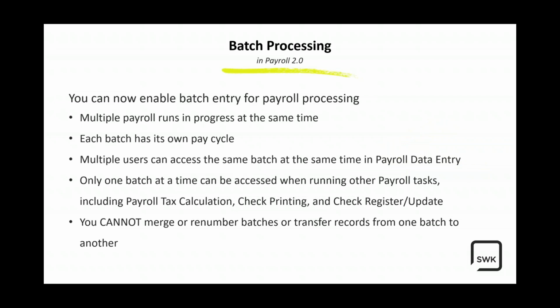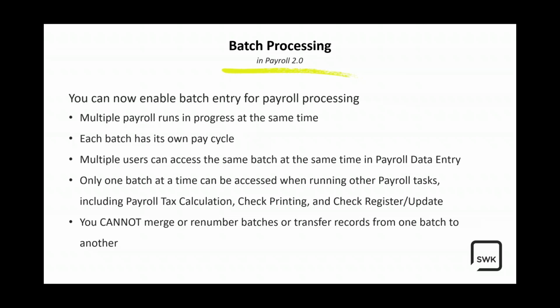One of the biggest things we now have is batch processing. You now can run multiple payroll cycles all at the same time in payroll. So you could have multiple users in the same batch entering payroll, especially if you have a massive payroll and different people are trying to cover their different departments in the system. You have that capability.